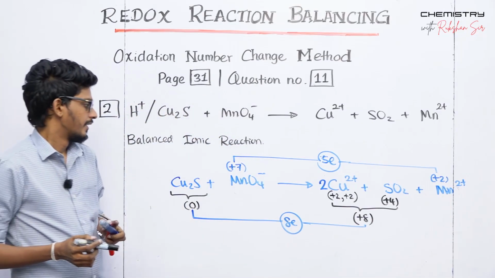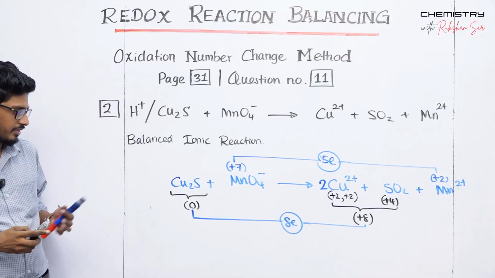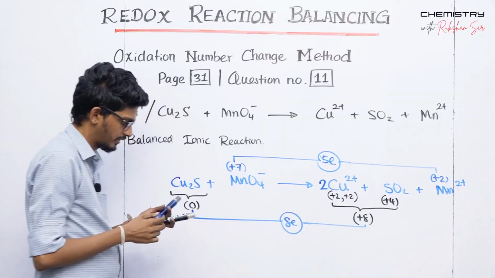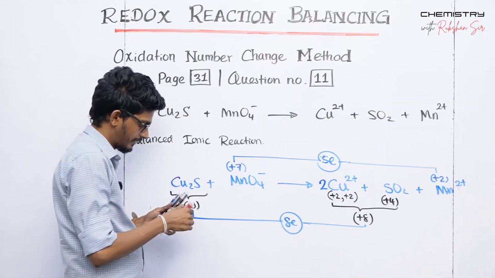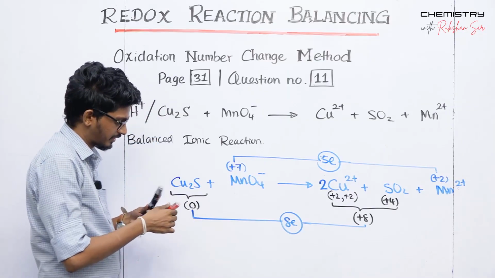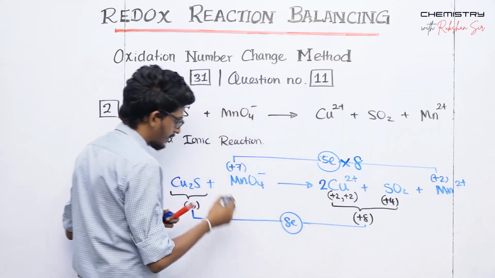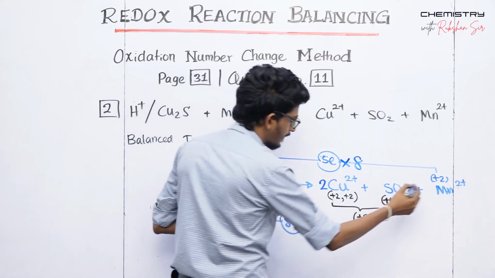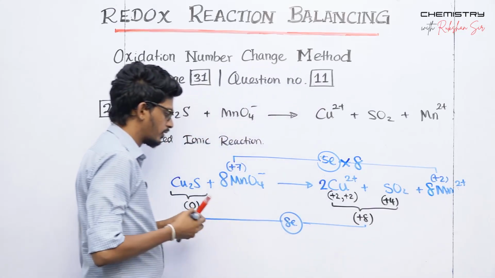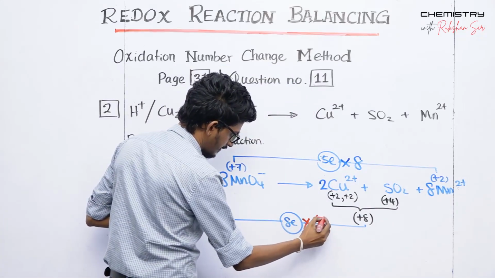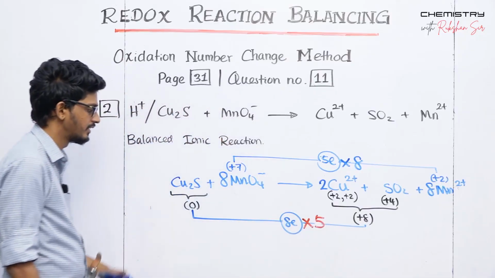Okay, let's try to balance this. The least common multiple is 40. So multiply this thing with 8. It's 8 here. To come up with 40, you need to multiply this thing with 5. I'll write it in red color to understand clearly.